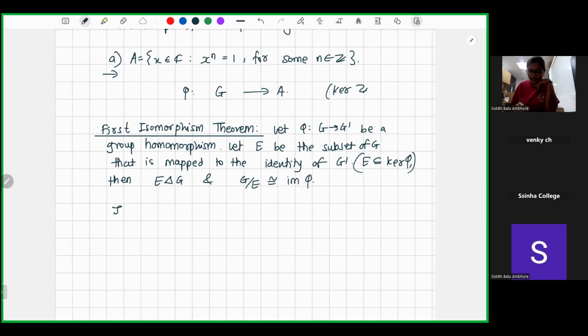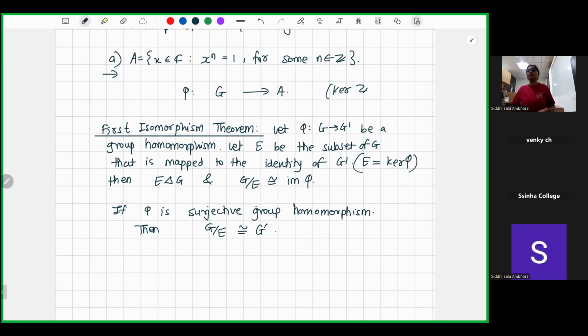And when phi is a surjective group homomorphism, then G quotiented by E is isomorphic to the complete G dash.